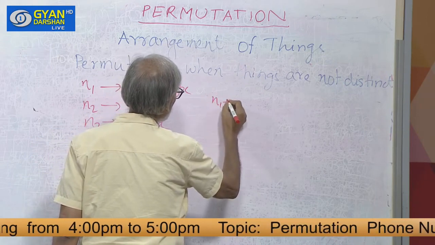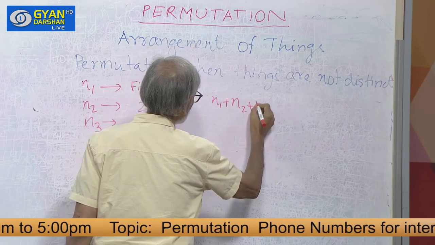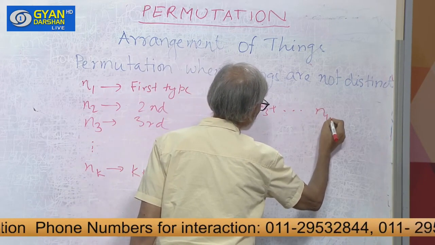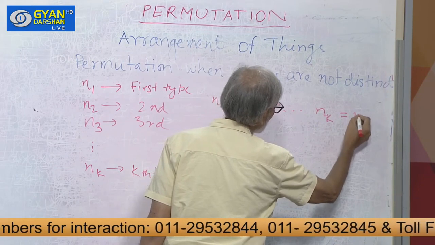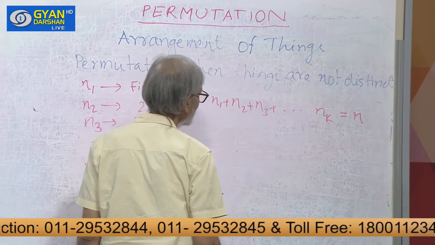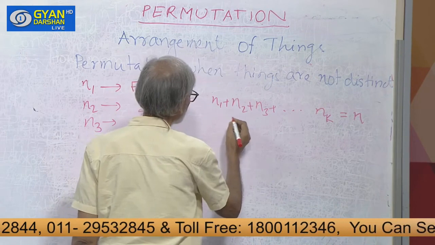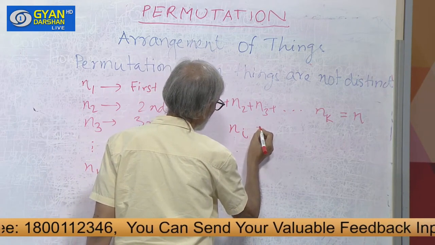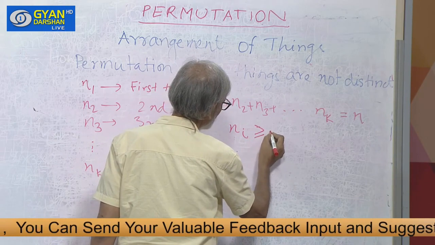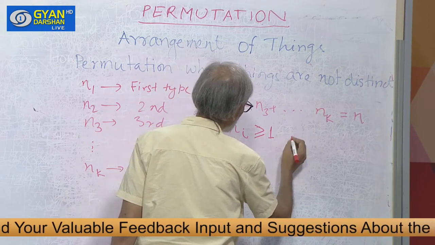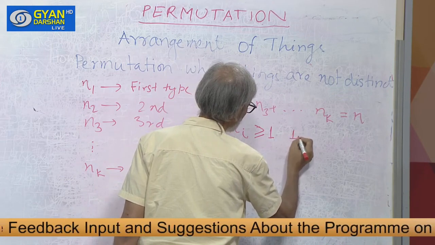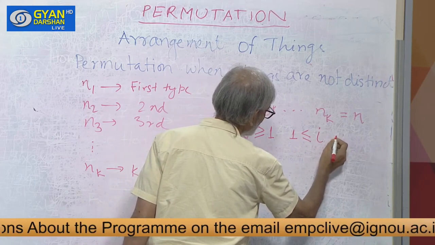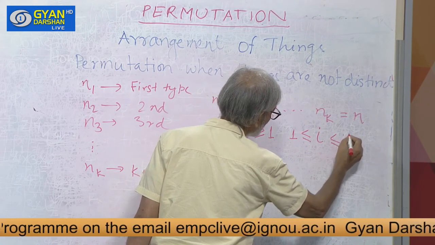So, n1 plus n2 plus n3 up to nk is equal to n, and ni is greater than or equal to 1, and i varies from 1 to k.